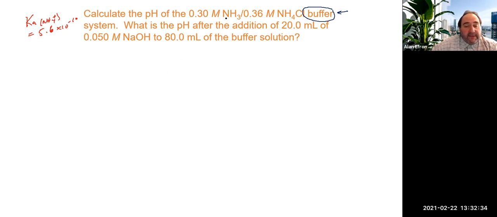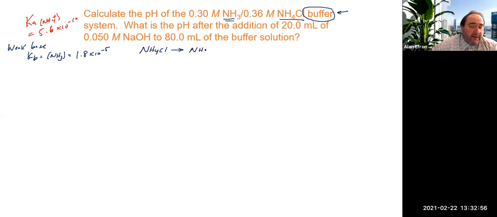So if you look at this, which is NH3, you hopefully should recognize that as a weak base. And it has a Kb value of about 1.8 times 10 to the minus 5. And if you look at this, this is ammonium chloride, a salt that's going to break apart into NH4+ and Cl-.